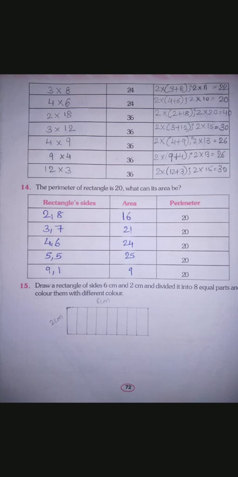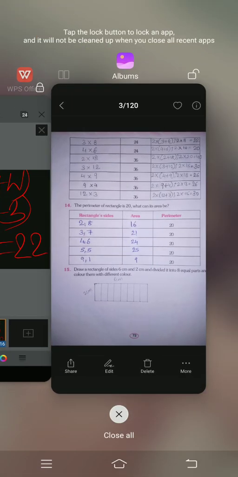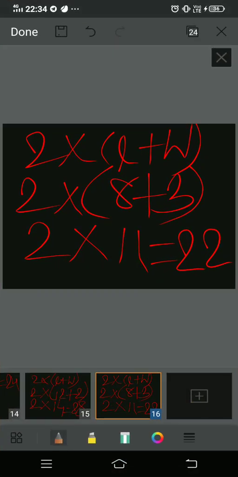How do we get the perimeter? We know that when we add length plus width, and multiply that answer by 2, then we will get the perimeter, isn't it? I'll explain why with the help of writing.